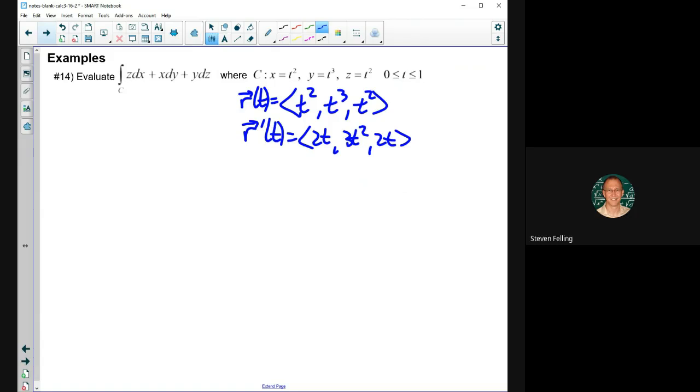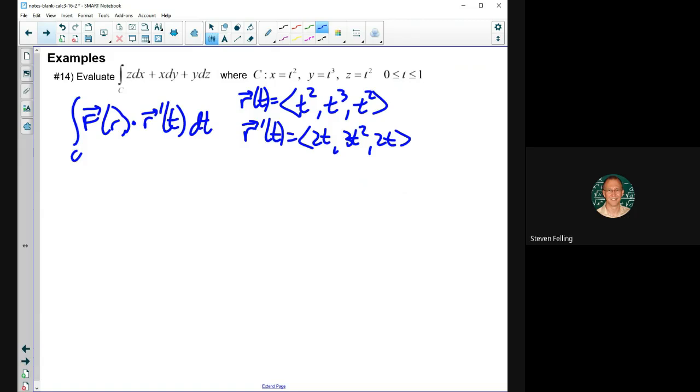I have to do F evaluated at r, dot r prime. Actually, now that I think about it, I don't need the magnitude of it. It's dt, right? Well, actually, dr we can say it that way.